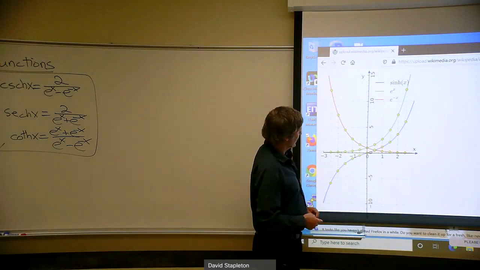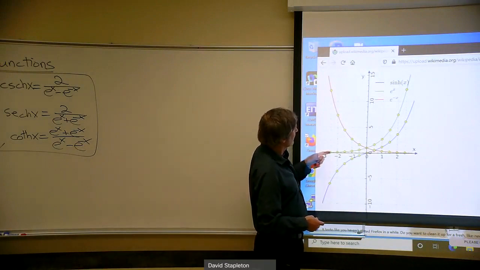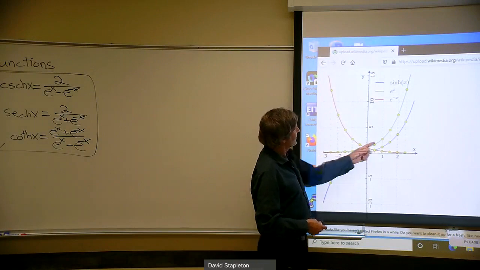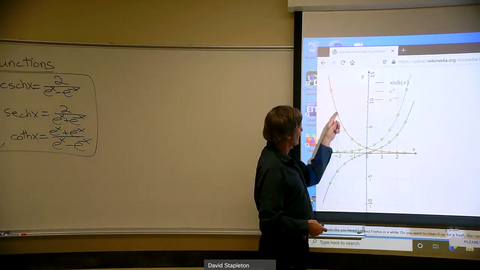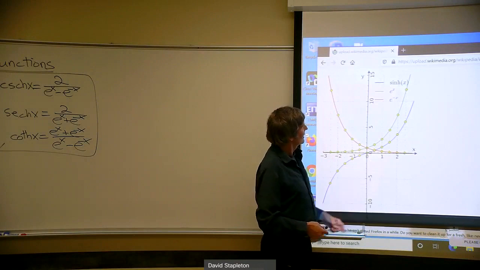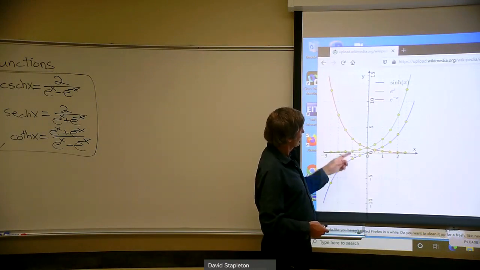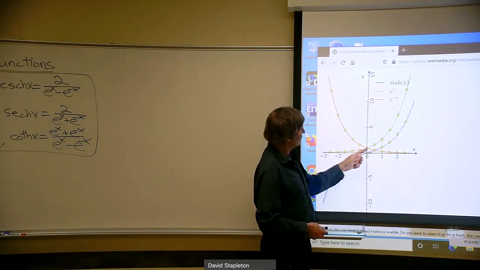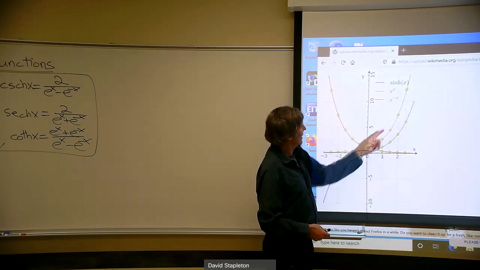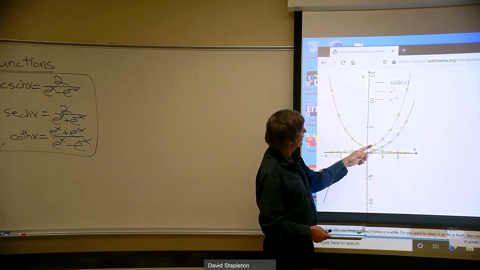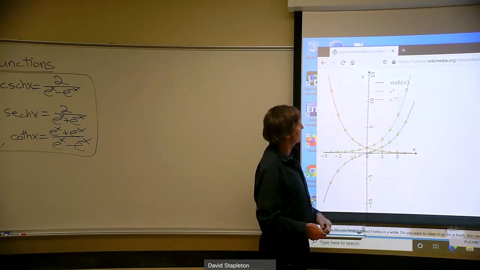one way to figure out what they look like is to plot this function e to the x and this function e to the minus x and say, well, sinh x is 1/2 this one plus 1/2 this one. So this thing actually goes out here and it asymptotically approaches 1/2 of the value of this e to the x function, right?